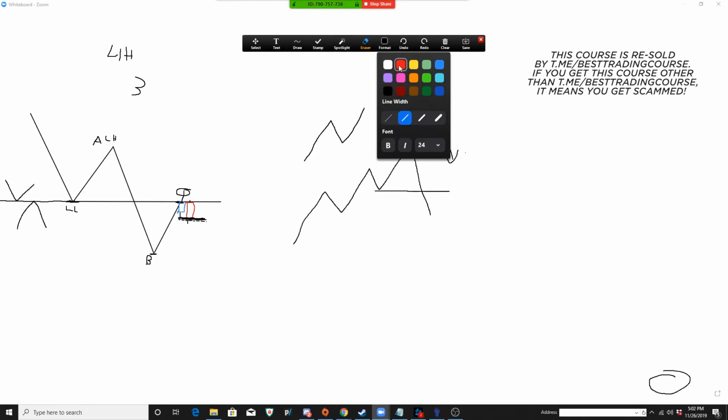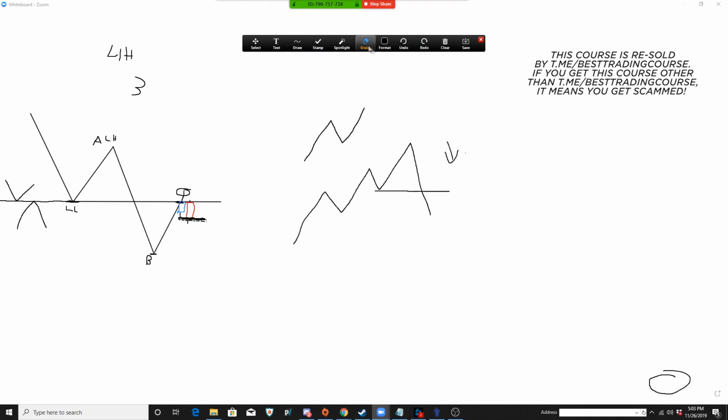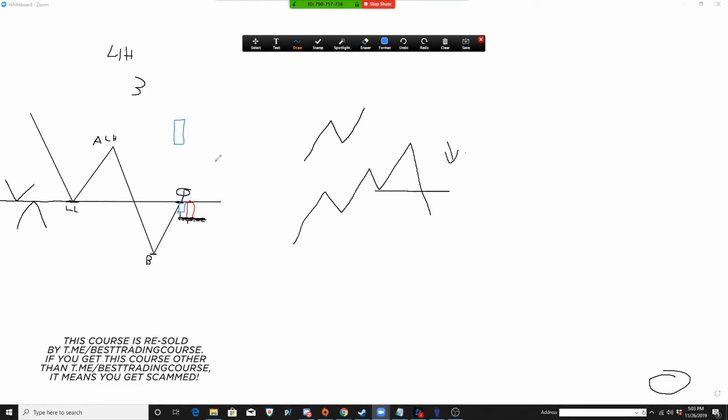You're going to get into candlesticks later on in the course, but these are the formations we're going to be looking for as a reversal. I'm going to draw a couple of examples here.